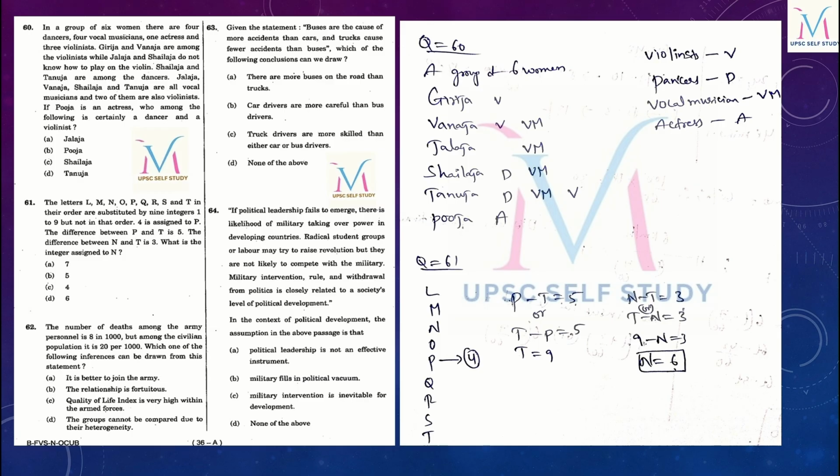Now these 6 women's names are given, right? Girija and Vanaja are among the violinists. So if you look at the solution box, here I have written Girija and Vanaja, with VV, which means violinists. While Jalaja and Shailaja do not know how to play violin.